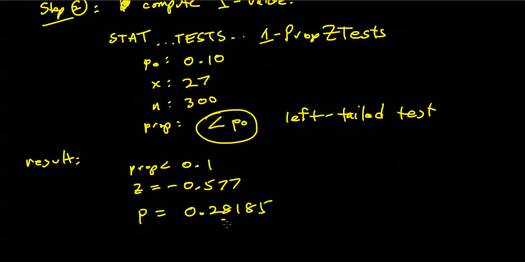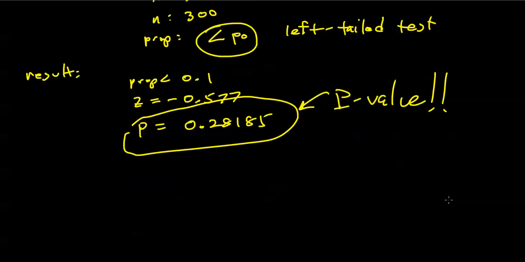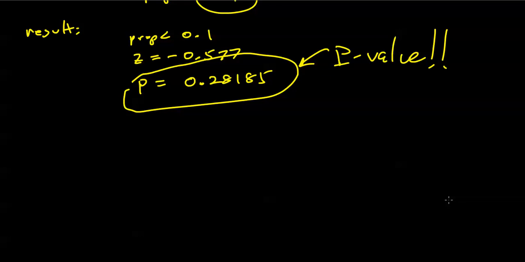I don't know how that mark got there. Let me erase it. This is the p-value. It's the tail area determined by the z-score of the sample proportion, computed upstream, thankfully, by the TI-83.